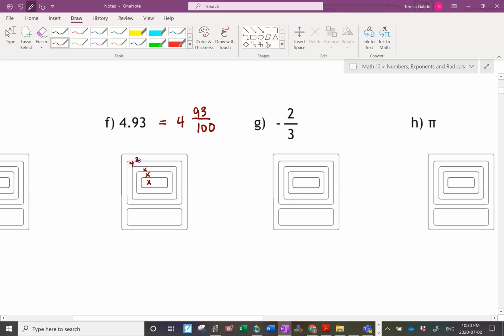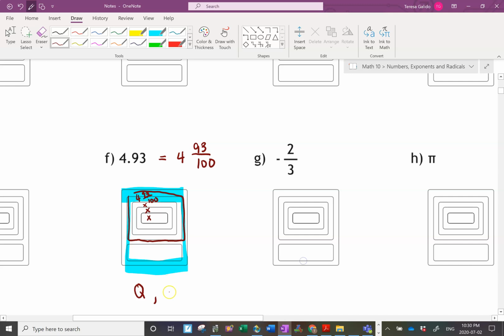So it's 4 and 93 over 100. So it's part of this bigger rectangle here, which is your Q. It's a rational number, and it's part of your bigger real number system.